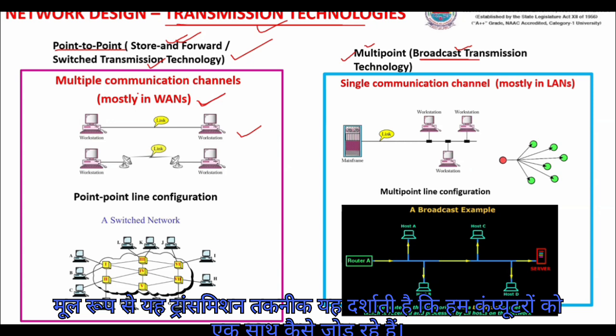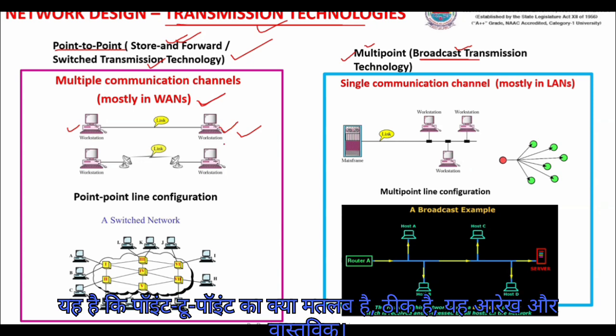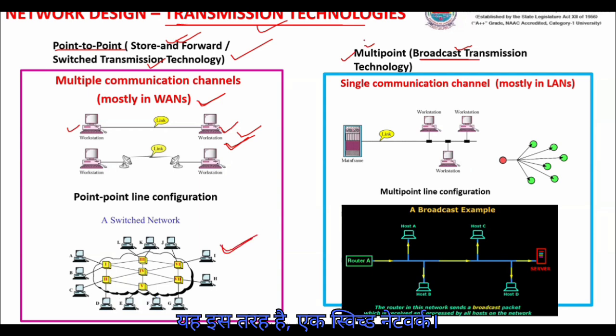Basically, transmission technology means how we are connecting the computers together. Here there is a point-to-point connection between the computers. This is what point-to-point is signifying. In actual, this diagram is like this, a switched network.